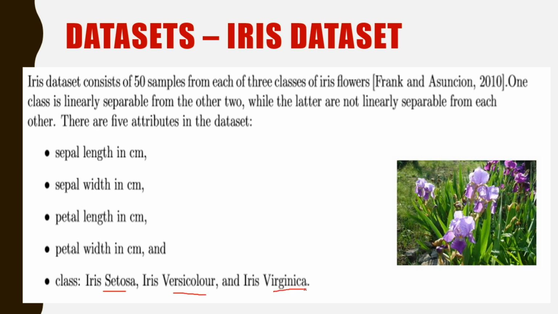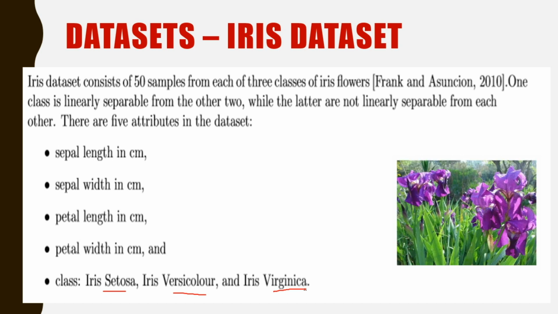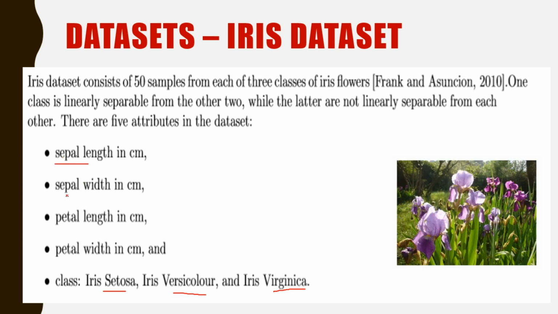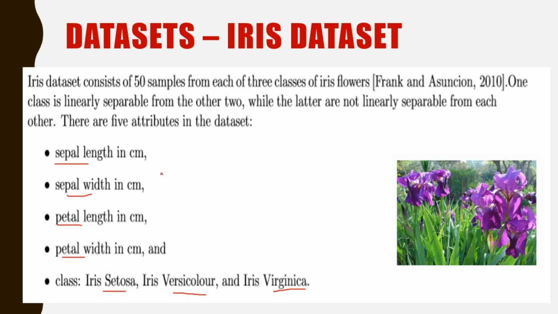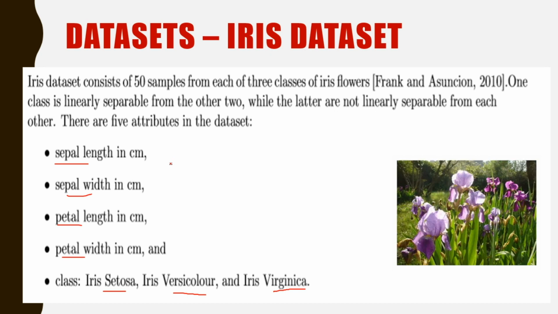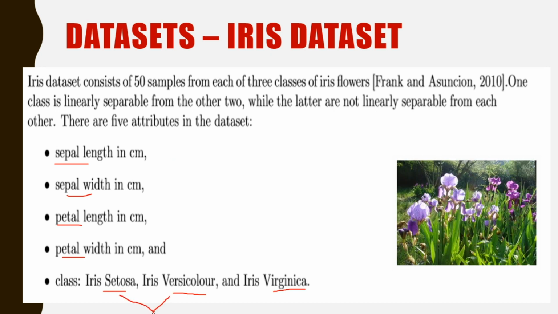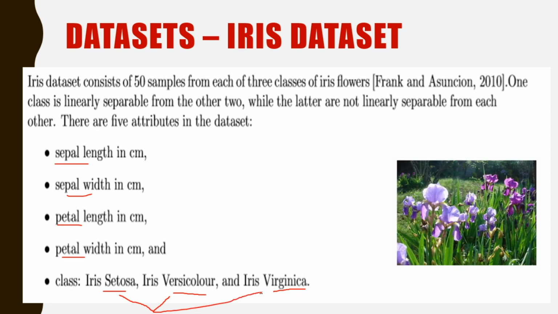Based on four criteria, sepal length, sepal width, petal length and petal width, we are going to classify this data set into three classifications, whether it belongs to setosa, versicolor or virginica.